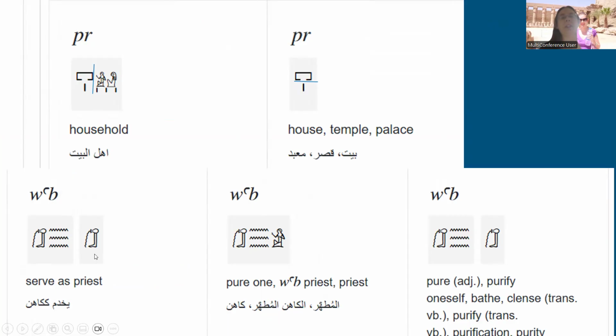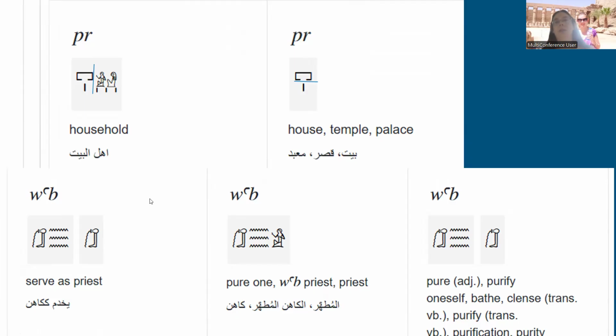This is similar in terms of why I screenshotted these from the step-by-step site and from their dictionary tab in particular. So we have different ways of writing the noun for house, household, temple, or palace.